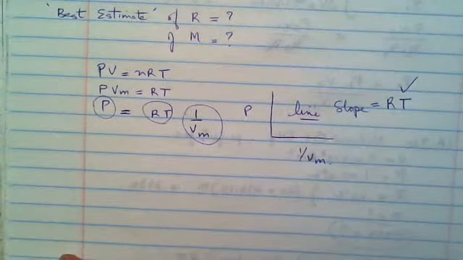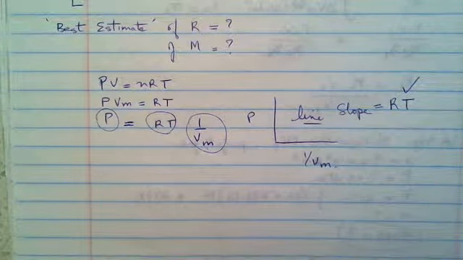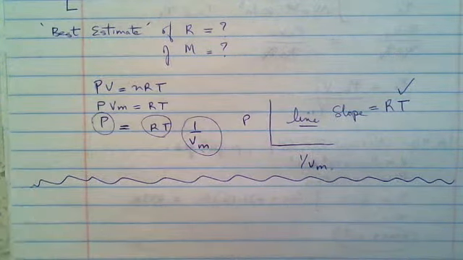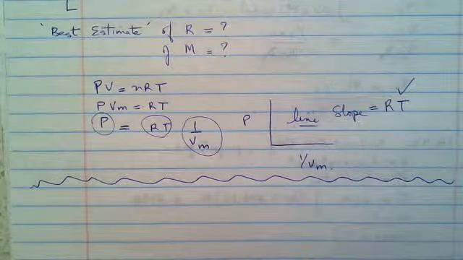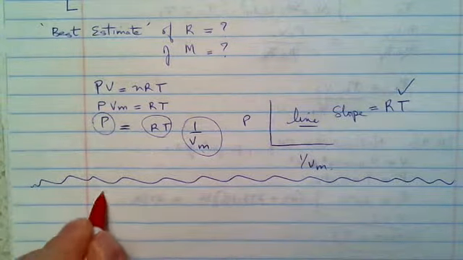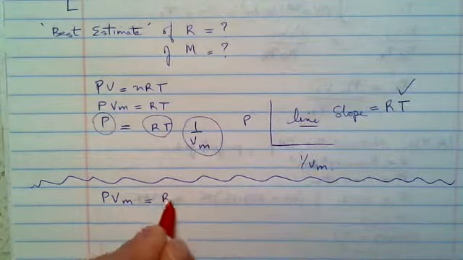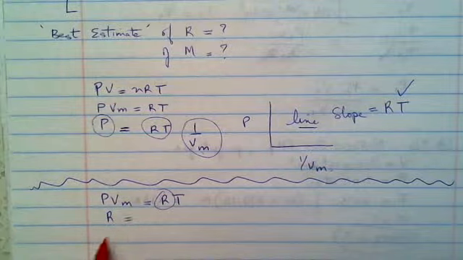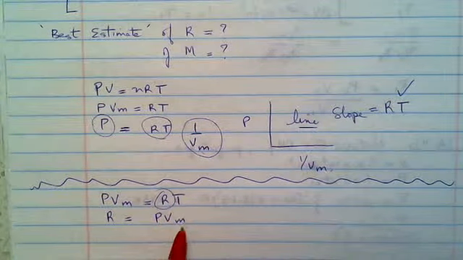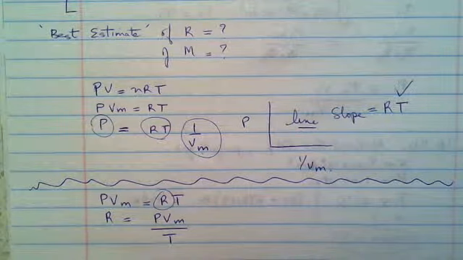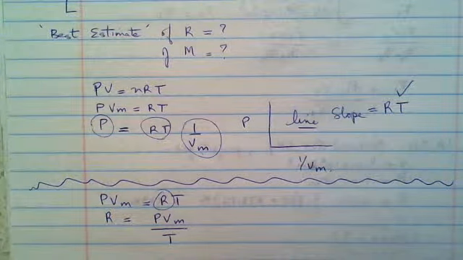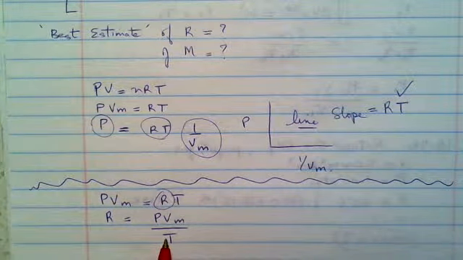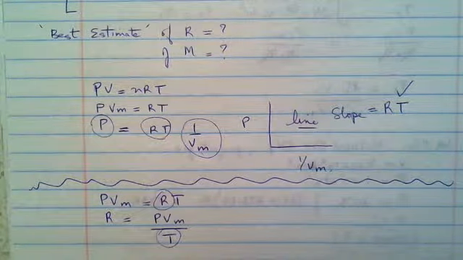Another way that you could do this, and this is what the book suggests somewhere in the chapter, is to go back to PVm is equal to RT, and they isolate for R, so R is equal to PVm over T. And T is the same for everything.